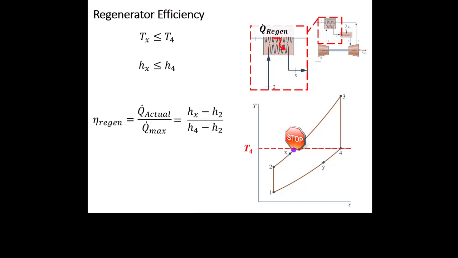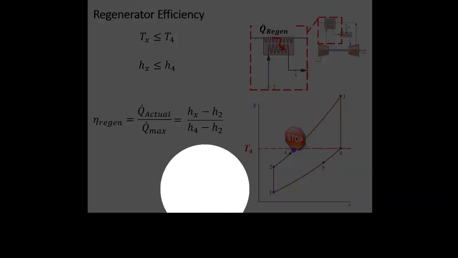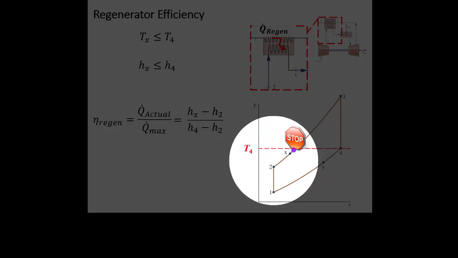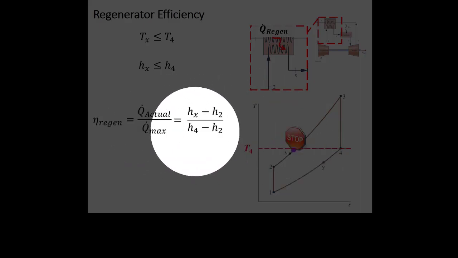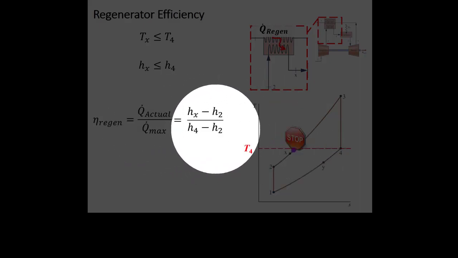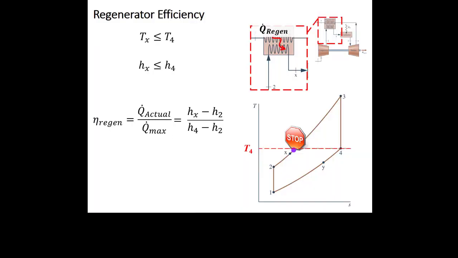Right? So the biggest amount of heat transfer that we could get through the regenerator would be if we went from state 2 all the way to state 4. Right? So Q dot max is H4 minus H2. It's in the denominator because it's the bigger of the two numbers, and we're talking about an efficiency which has to be less than 100%, or 1.